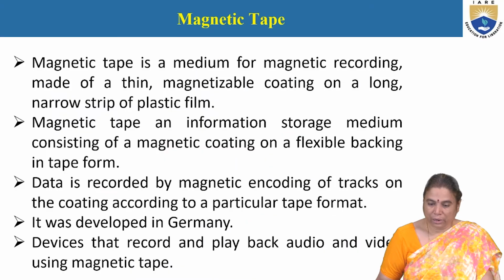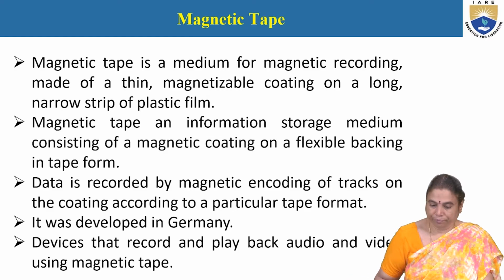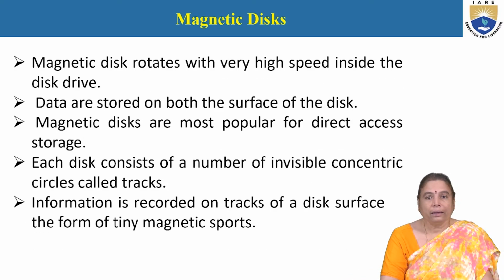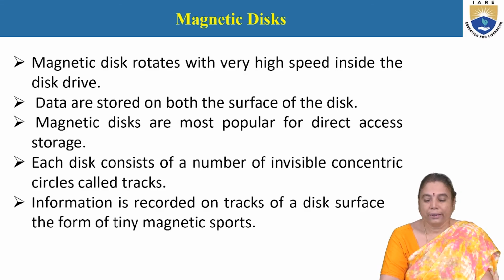Magnetic tape is a storage medium which supports only sequential access, and it generally supports batch processing of data. Magnetic disk rotates at a very high speed inside the disk drive, so it can support random access.